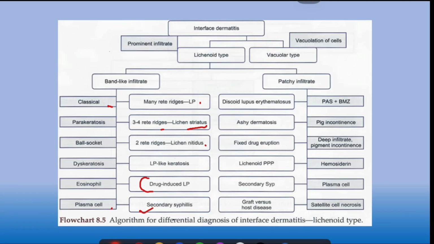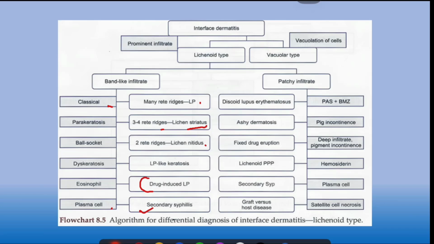Now, lichenoid type means infiltration is there and it is patchy. Then discoid lupus erythematosus, if present, you can see the PAS stain is positive. If pigment incontinence is there, then Ashy dermatosis.